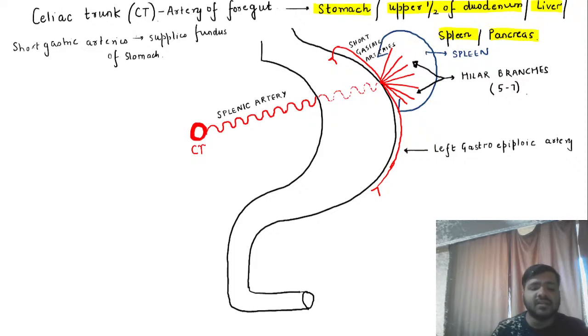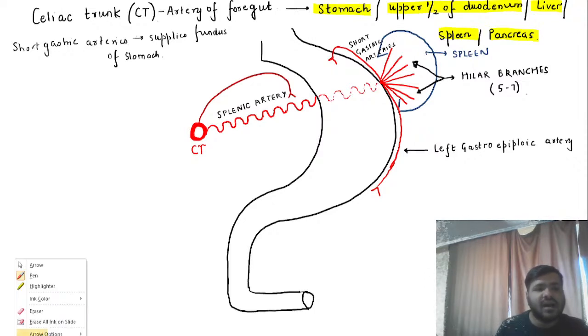there is another branch from the celiac trunk, a direct branch from the celiac trunk, that is supplying the stomach, the lesser curvature of the stomach, and it is called the left gastric artery.